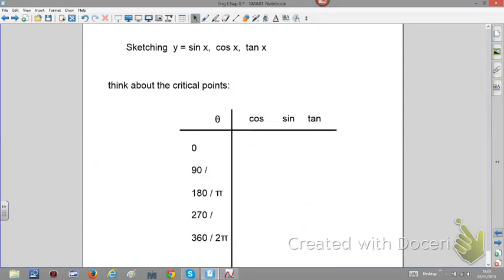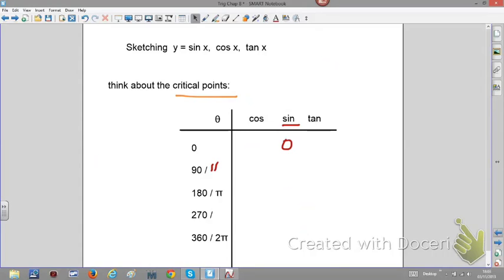Now let's think about sketching sine, cos and tan. Now you maybe know what they look like, but it's always a good idea to think about what the critical points are for each one. So let's think about sine first of all. Now what about sine 0? You can do that on your calculator, but sine 0 is equal to 0.